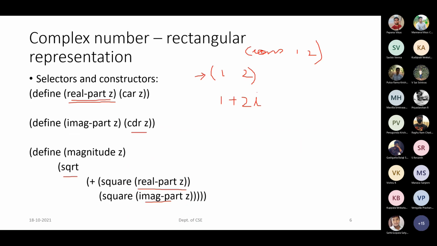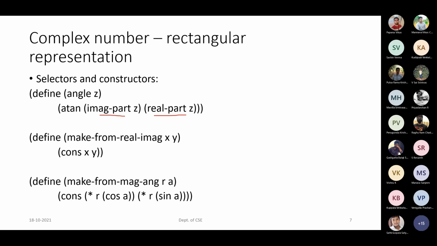So I can say the real part, imaginary part, magnitude, angle. All these four procedures, whatever we have defined, are nothing but our selectors. From these two values, we are just selecting a part of it, a portion of it, not the entire complex number.